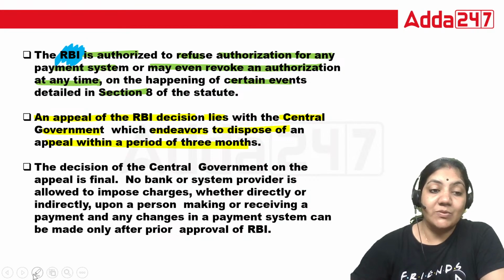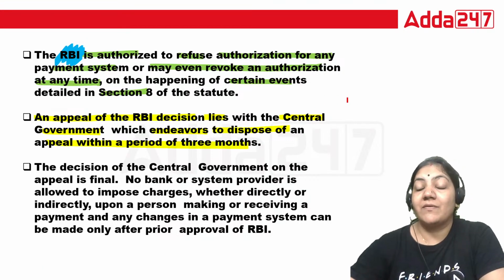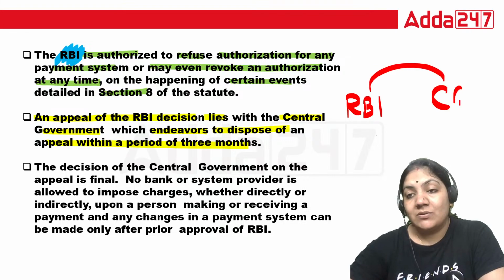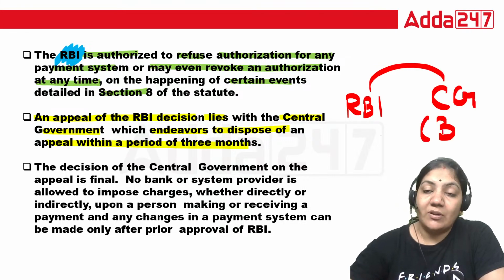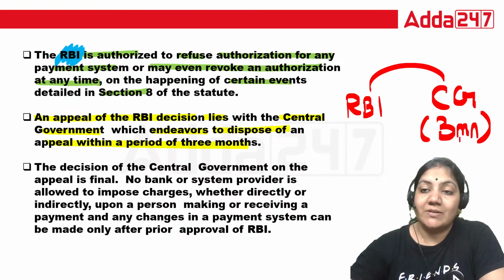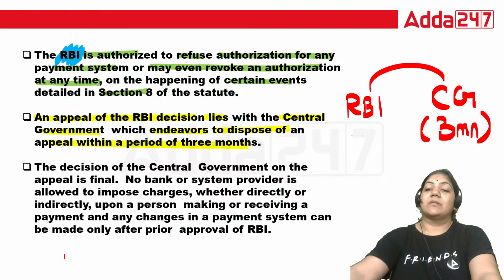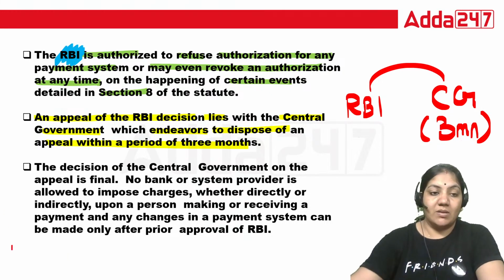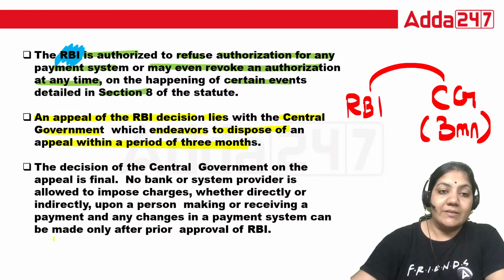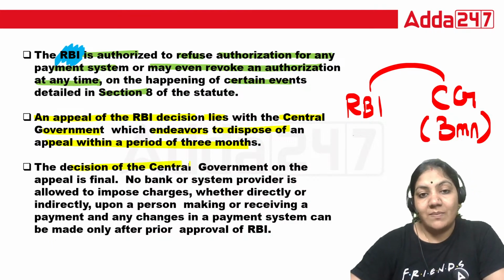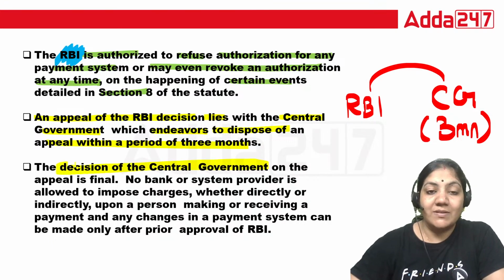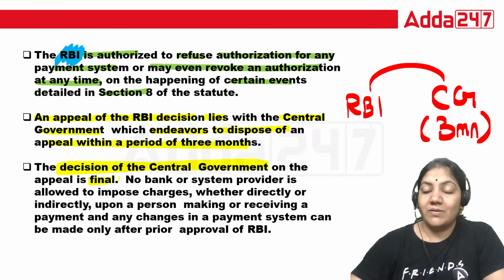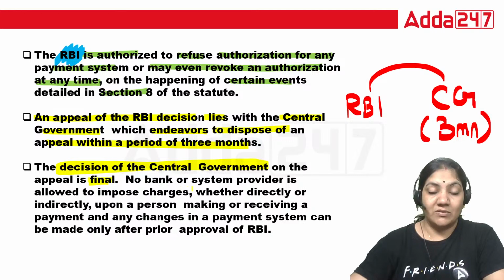It means that if you are not satisfied with the decision of RBI, you can appeal to the central government, and according to this act they have 3 months in which to settle the matter. Now, the decision of the central government on the appeal is final. Whatever decision is taken by the central government is final.